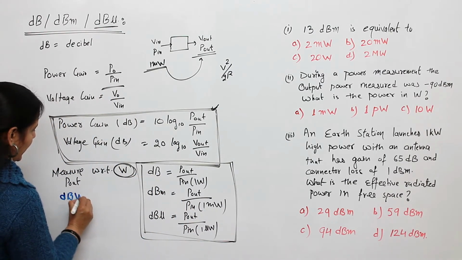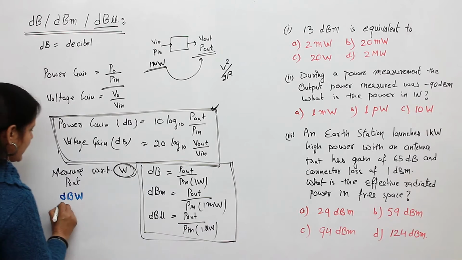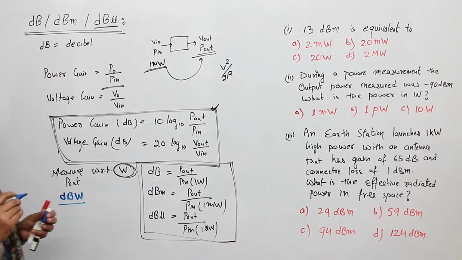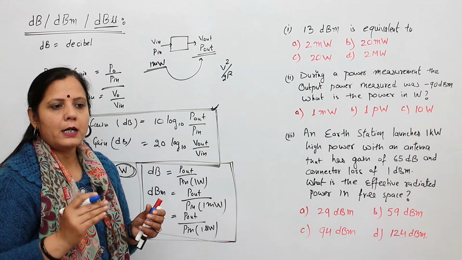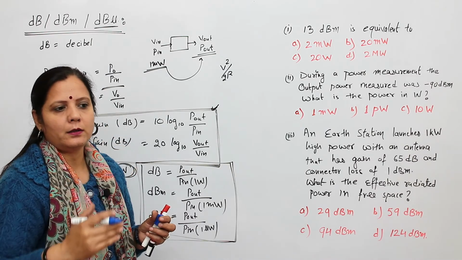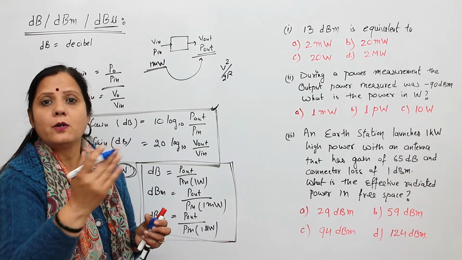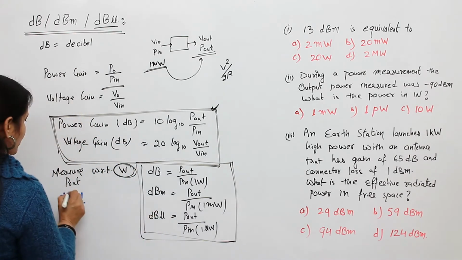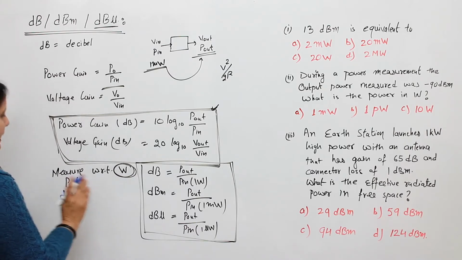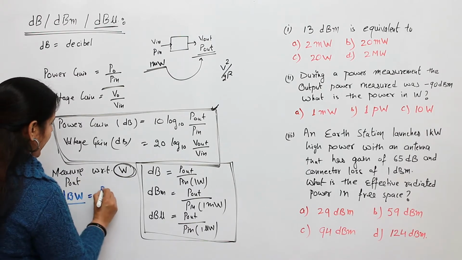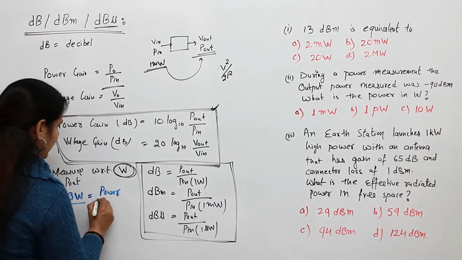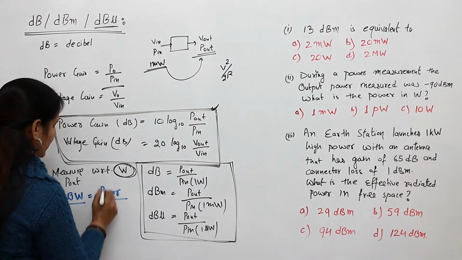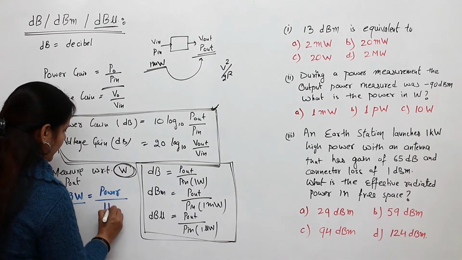dB watt. This term describes how much your power intensity is higher than 1 watt. So dBW is nothing but power level intensity with respect to 1 watt.